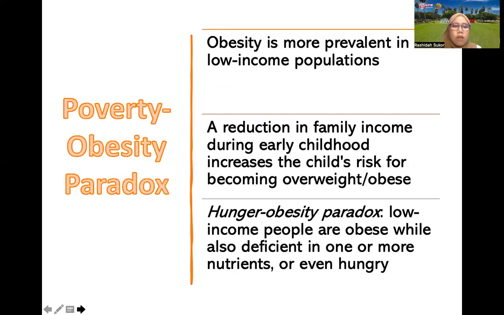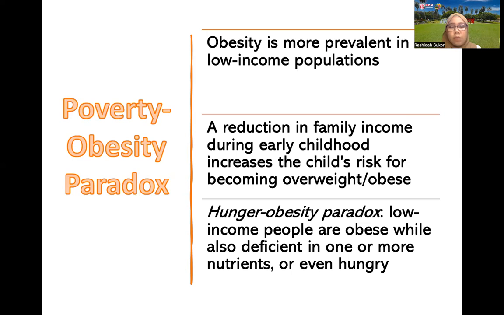Then we also have the poverty obesity paradox, where obesity is more prevalent in the low income population, because like I've mentioned before, when the food is there, you don't have enough money to buy nutritious food. So low income populations are more obese, because of the wrong nutrient consumed by this group.